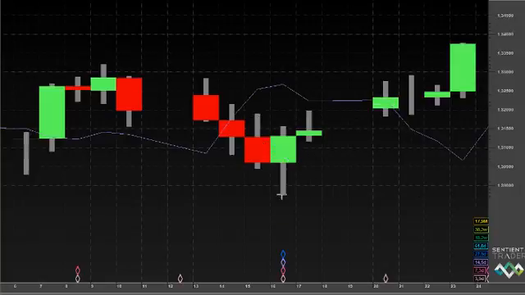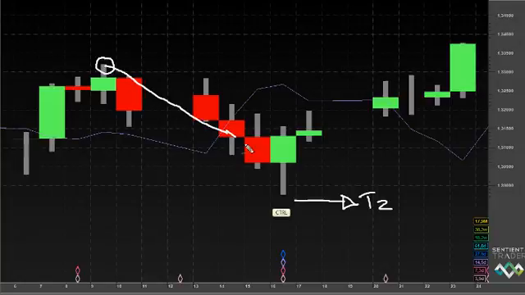Okay, so let's assume that in fact the T2 target for this trade was here. Let's just assume it was just a few ticks below the low of this day. Now, this is I guess a rule of thumb, or perhaps you could call it a rule, but you only apply this in D category and E category trades.